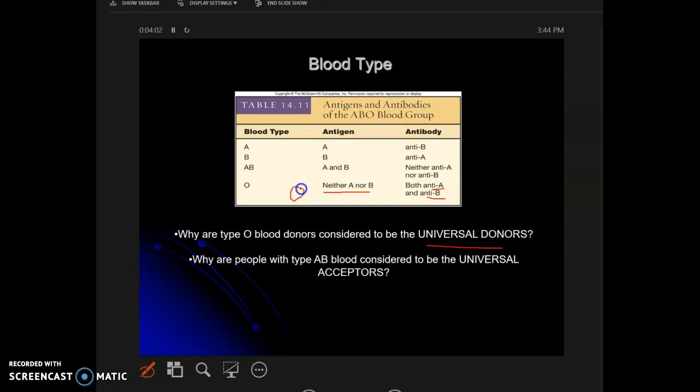It has no antigen A or antigen B. It doesn't have those markers, so it can be accepted by A or B, right? And why is AB called a universal acceptor? Because do they have soldiers that will target A or B? No. So they can take blood from A and they can take blood from what? B.